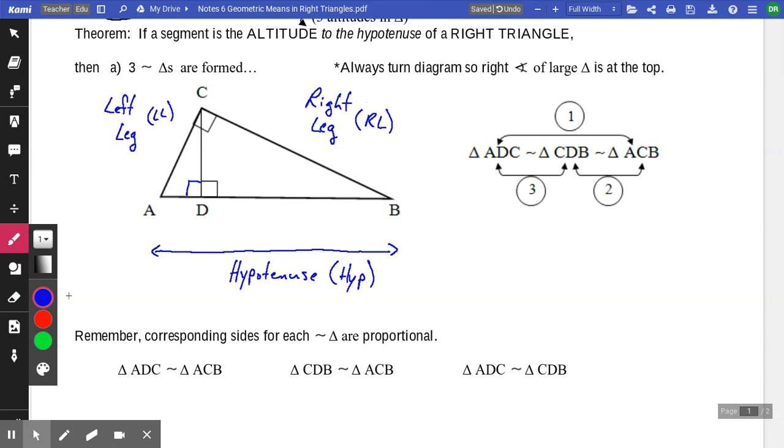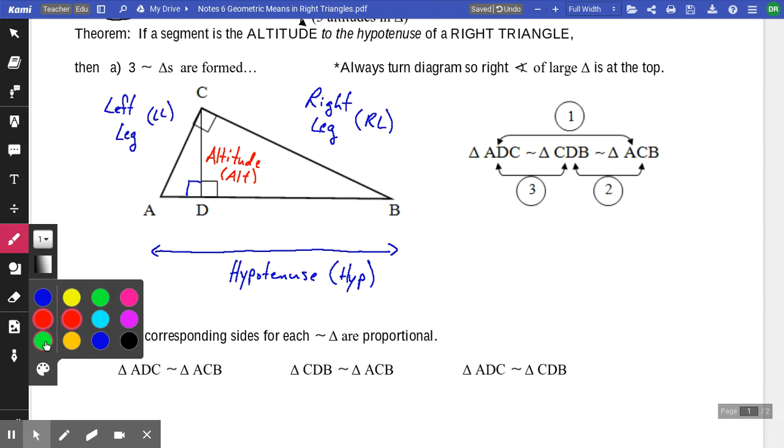Now, after that, we have a few other pieces to label here. We drew in an altitude in the middle of the diagram, so I'm going to label our altitude, and let's call it ALT for short. And then underneath the diagram, our hypotenuse, you notice, has been split into two different segments by our altitude.